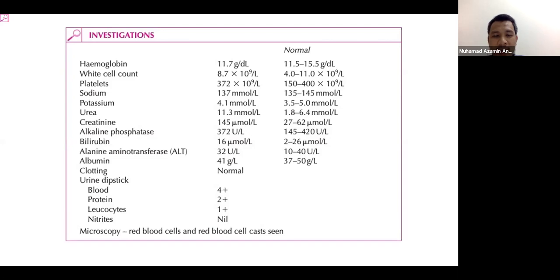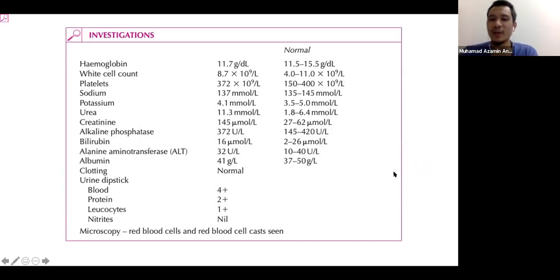So looking at these investigations, you can make a conclusion on this blood test and on this investigation. So what is your conclusion? Come on, Shana. What is your conclusion?